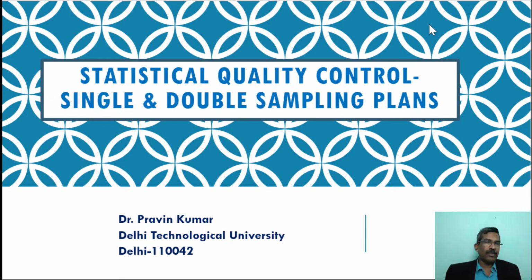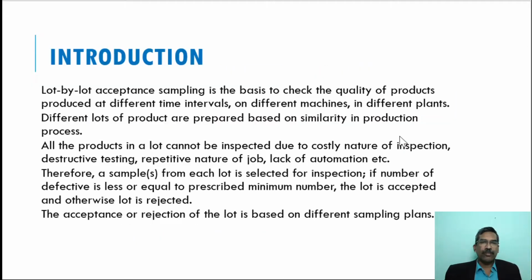Now, why is this used? If the same repetitive type of testing is needed but there is no automation system, it is a very boring job. So in that situation also we can use the sampling plan in place of the control chart. These are some applicabilities of the sampling plan in place of the control chart.